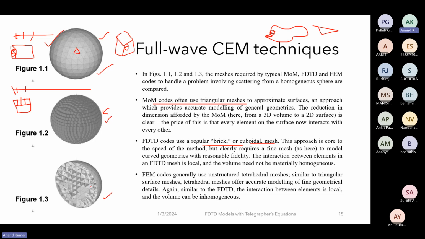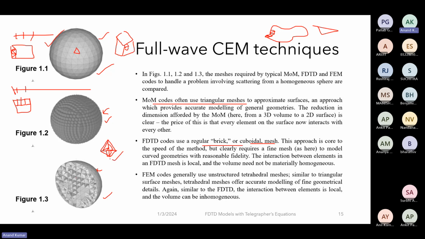And FEM uses tetrahedral shapes, so you can see on the surface it looks like triangles, but inside it is these tetrahedral shapes. They look somewhat like this, and I don't know if I'm able to draw them correctly. So this looks like a pyramid shape. It will have 4 points.